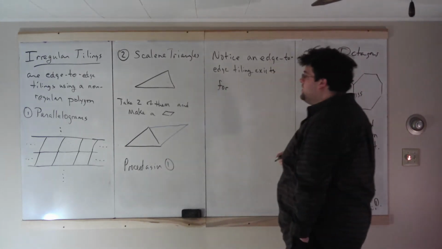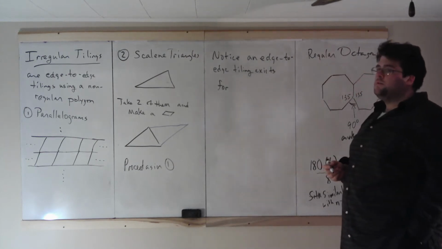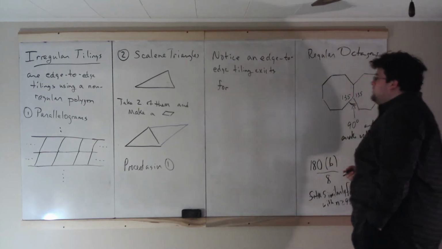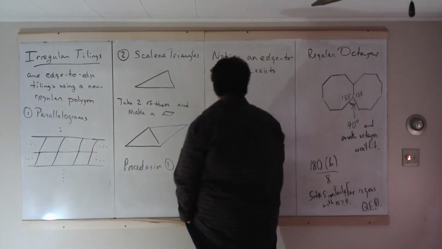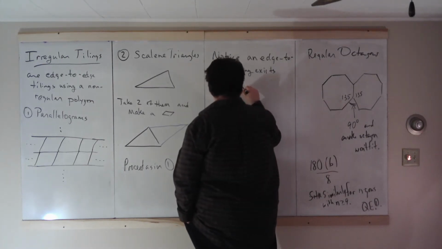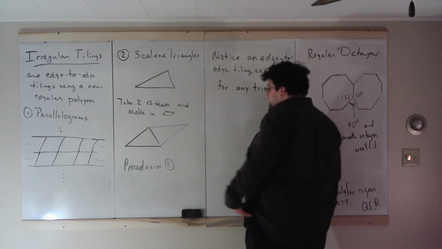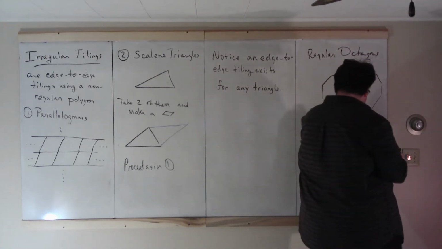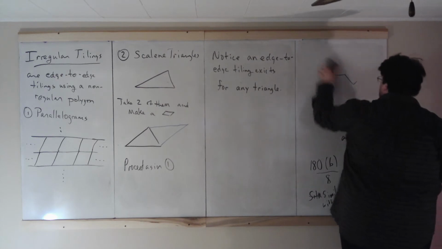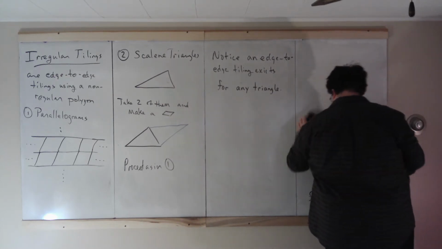Well, we did scalene triangles, we will do isosceles triangles, we did equilateral triangles. So an edge-to-edge tiling exists for any triangle.